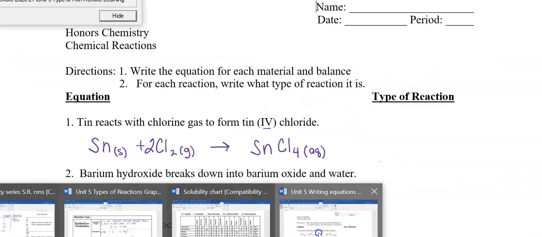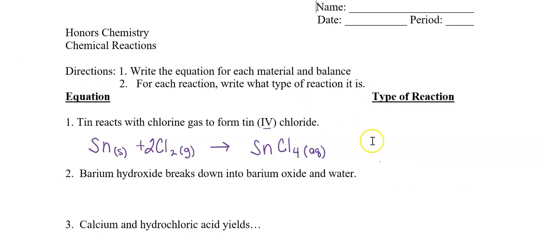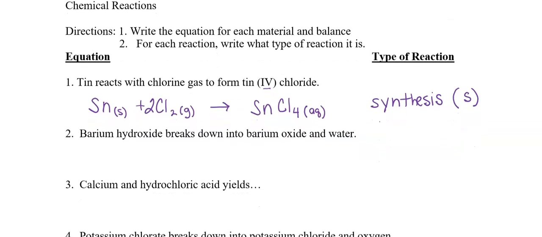So I will write that out as synthesis reaction. Synthesis. Remember, I'm going to let you shorthand the synthesis for S. You can use S, since we are not using the word combination in honors chemistry.